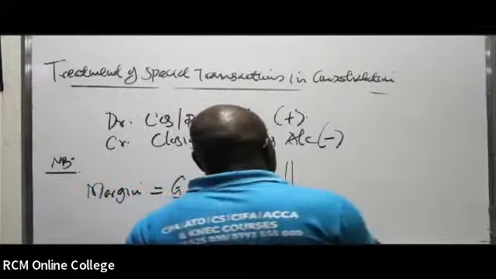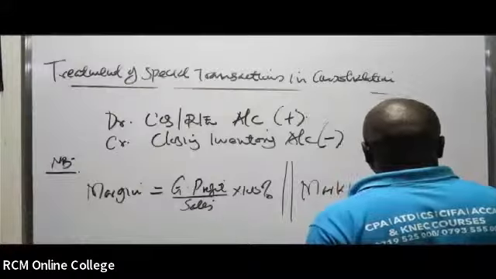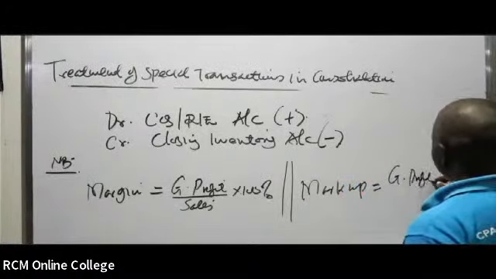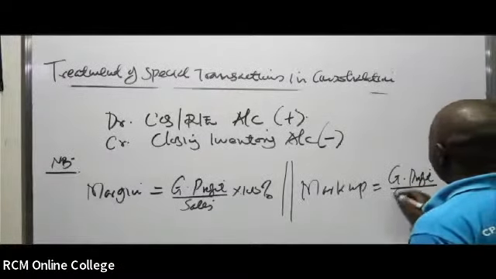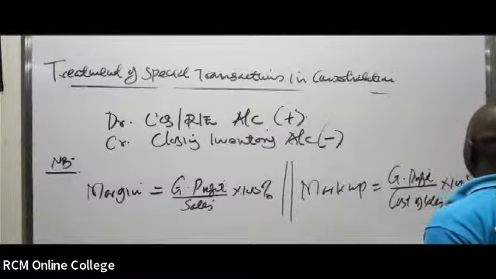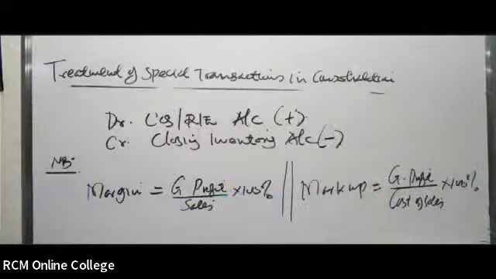And the markup is equal to, these formulas I'm writing, they'll come in handy when we start doing the questions, you realize why these formulas are very important. Markup is equal to GP over cost of sales, multiplied by 100%.